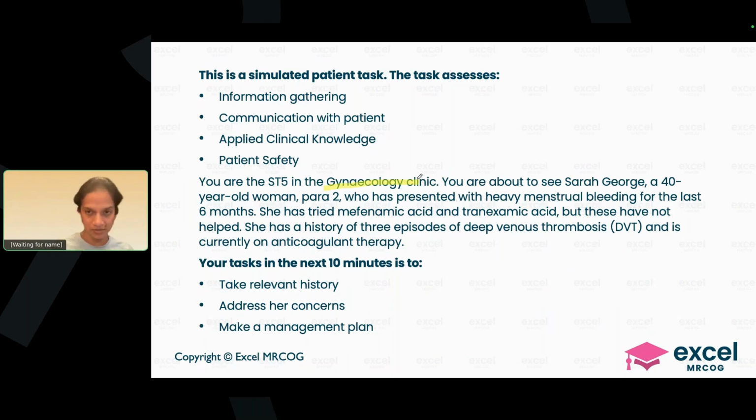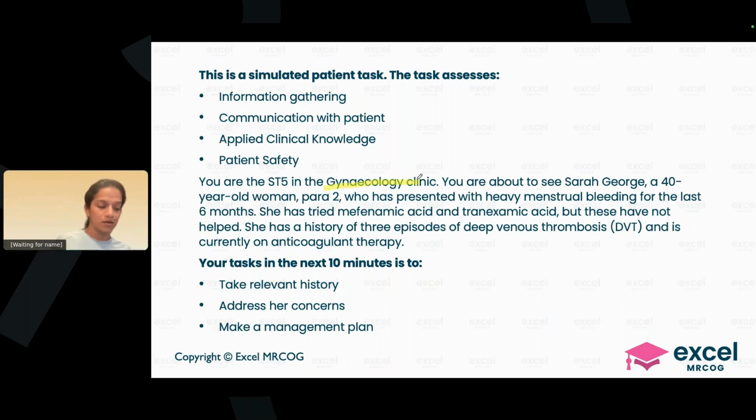That will go against you. If the patient is already admitted in the ward, please do not say that I'm admitting. If you are seeing a patient with, for example, preeclampsia in the antenatal clinic and you find that the blood pressure is 160 by 110 and her urine protein is 2 plus, then if you don't say admission, you will probably fail the task. Because admission is really, really important for a patient like that.